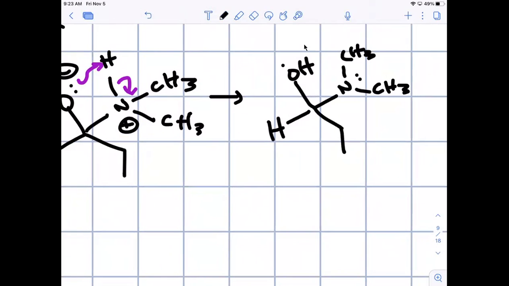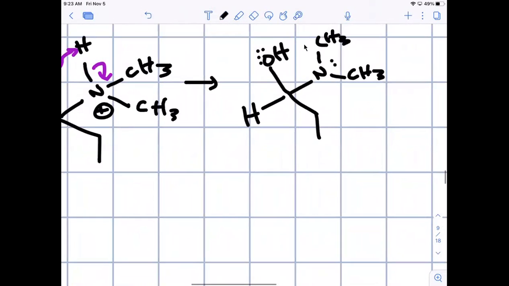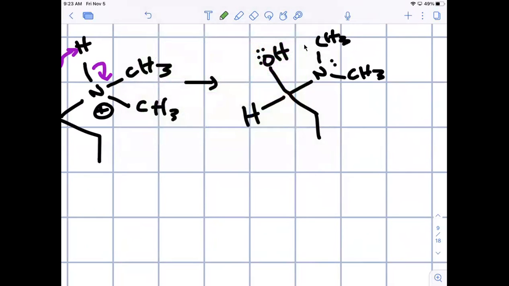Now I need to lose water, but there are no more protons on the amine. Do I have any protons somewhere else that I can take off?